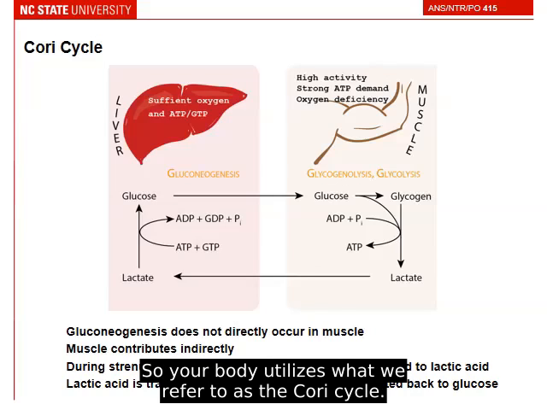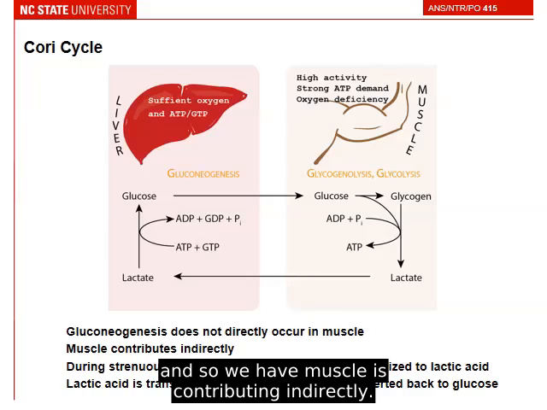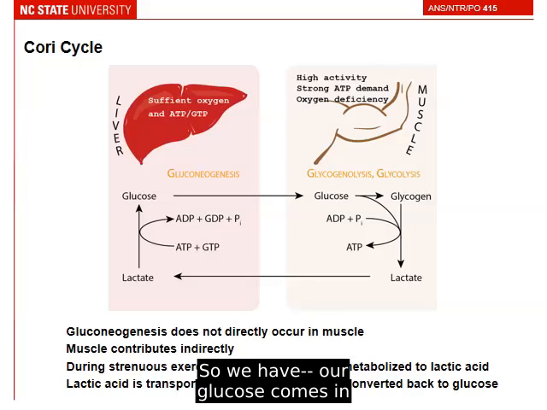Your body utilizes what we refer to as the Cori cycle. Gluconeogenesis does not directly occur in the muscle, so the muscle is contributing indirectly. Glucose comes in, or we're breaking down our glycogen.